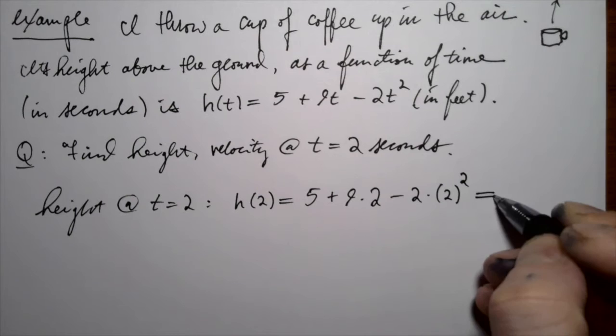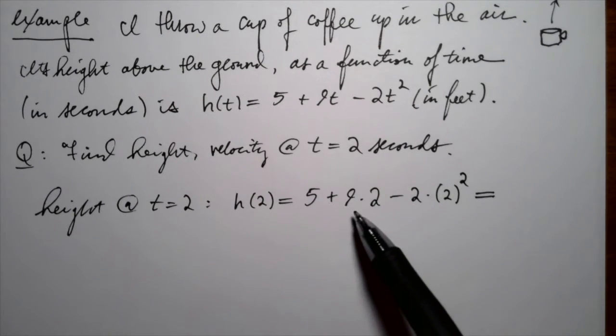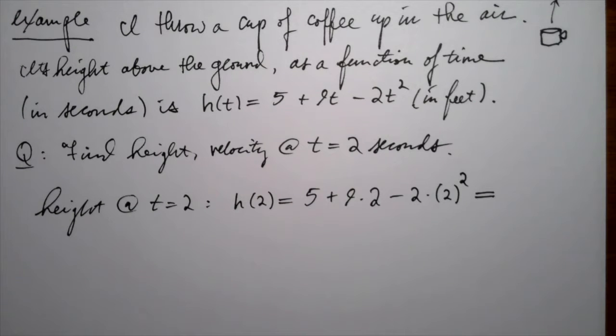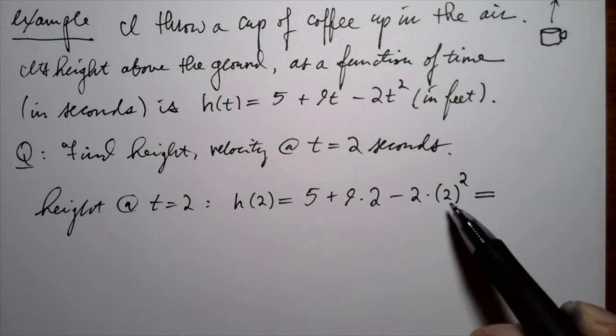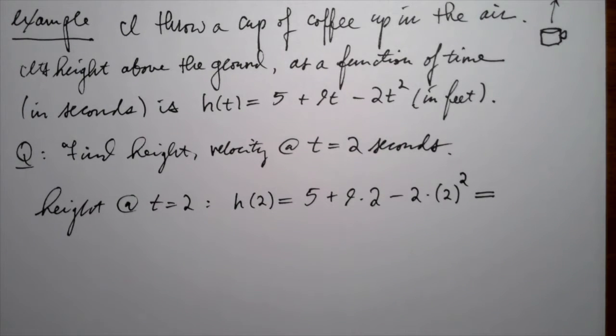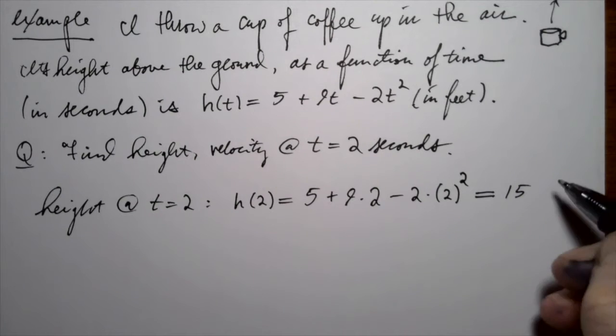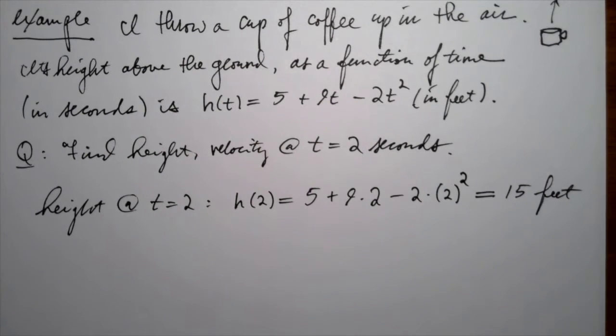And now we just need to do this arithmetic here. 9 times 2, that's 18. So when we add 5 to 18, we'll get 23. And then here we have 2 times 2 squared is 2 times 4. That's 8. So we have 23 minus 8, and that's 15 feet. So the height at time 2 is 15 feet.